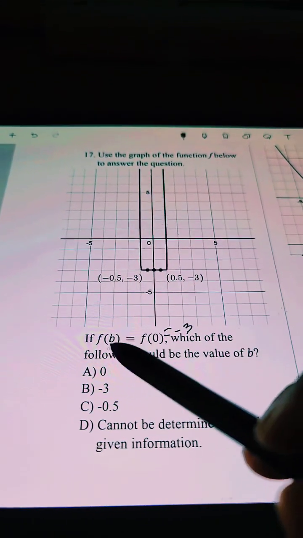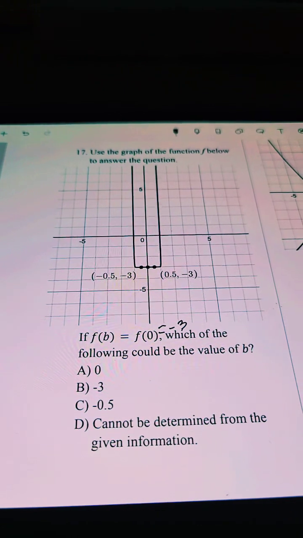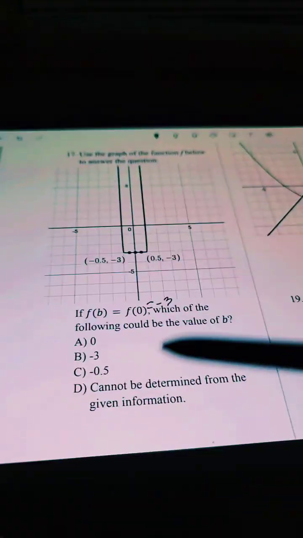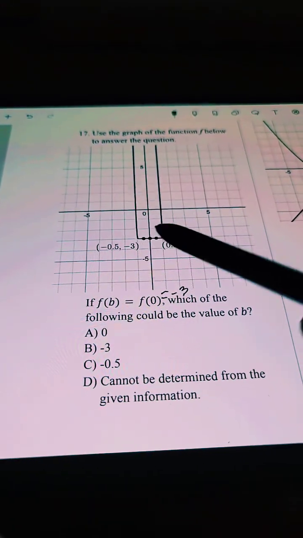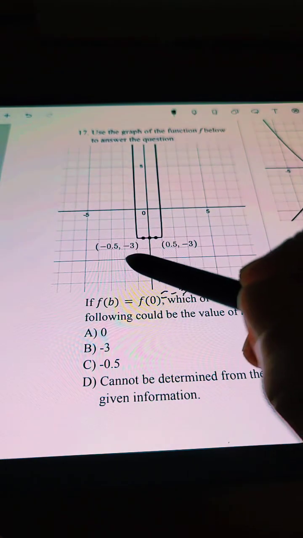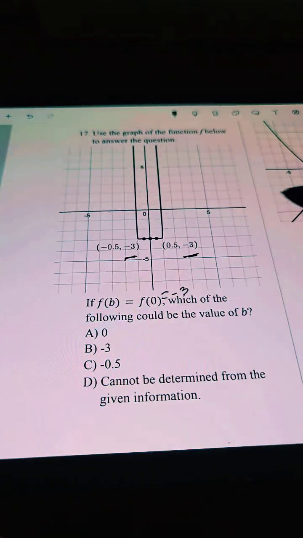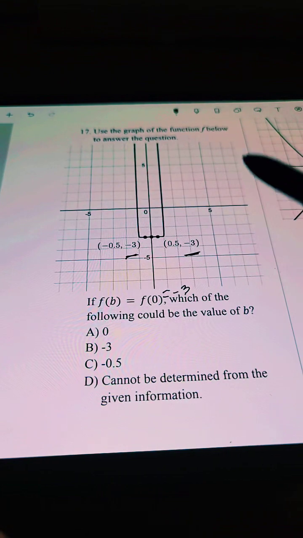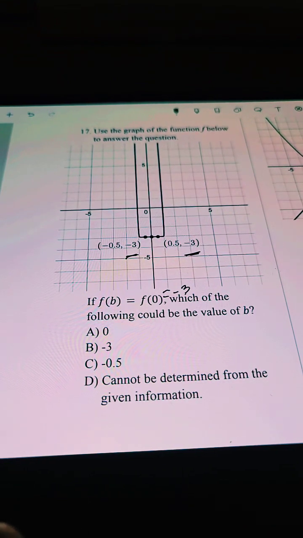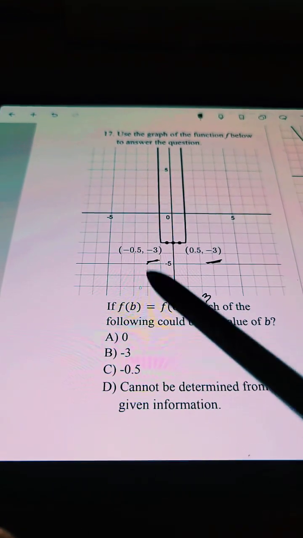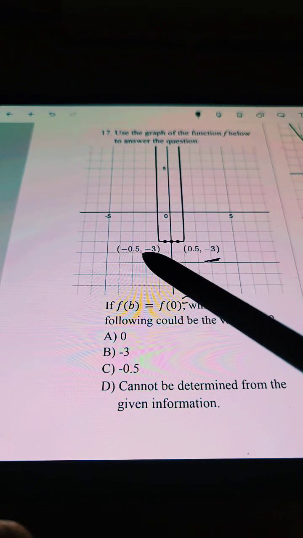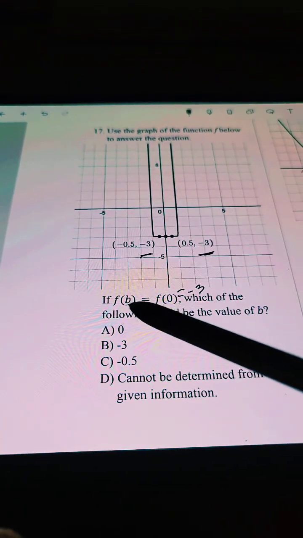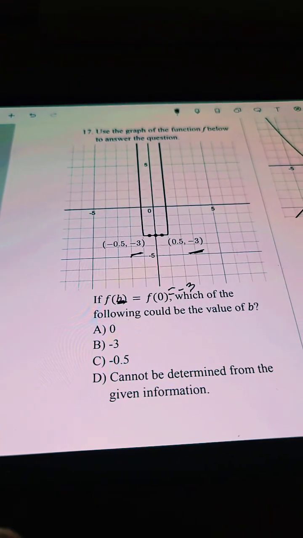So that means that f of b has to also equal -3. So there are these other points that have been labeled that have a value of -3 as well for their y value, or their f of whatever value. And we see, okay, when does that happen? For what x value, which we're representing with the variable b?